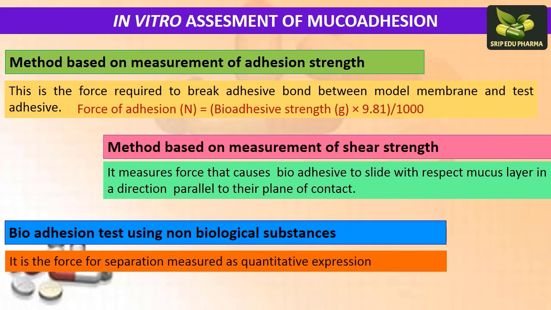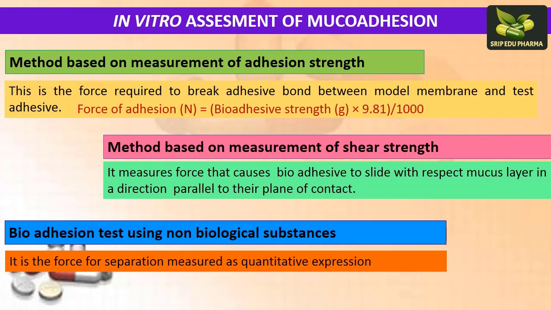When we talk about adhesion strength, it is the force required to break the adhesive bond between the model membrane and the test adhesive. We also use a formula to analyze the force of adhesion. Then shear strength is the force that causes the bioadhesive to slide with respect to the mucus layer in a direction parallel to their plane of contact.